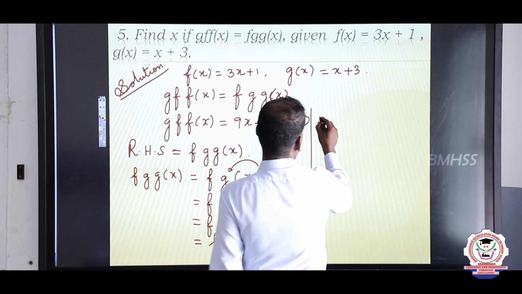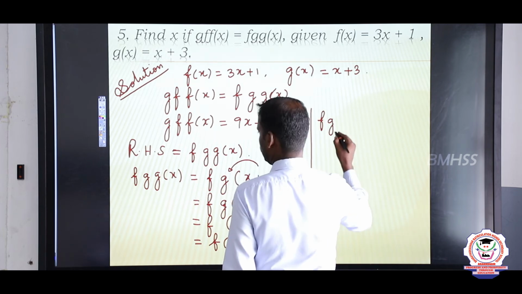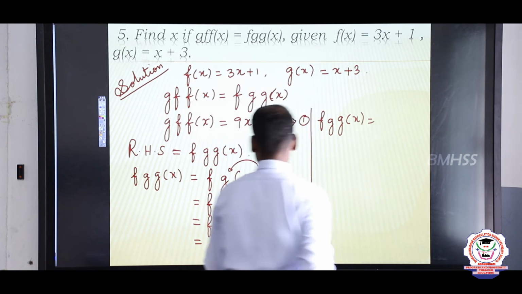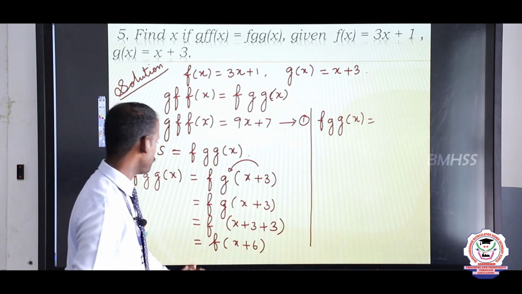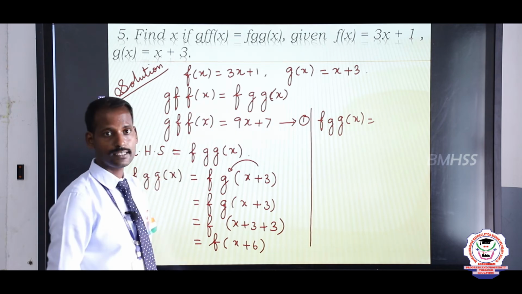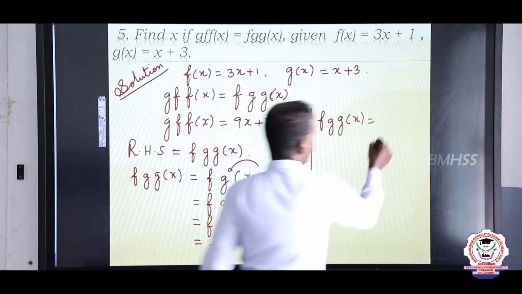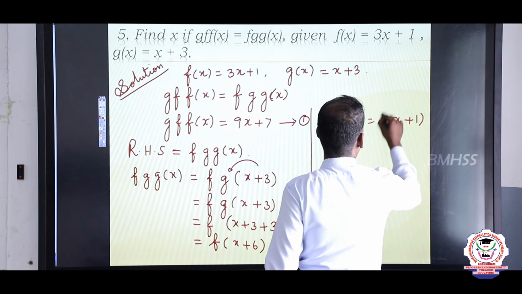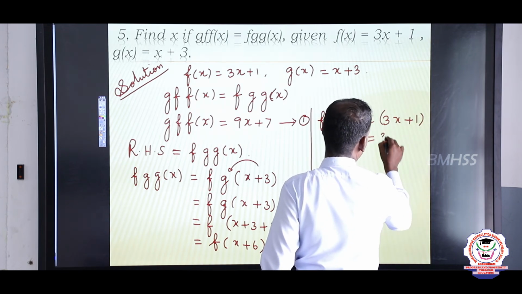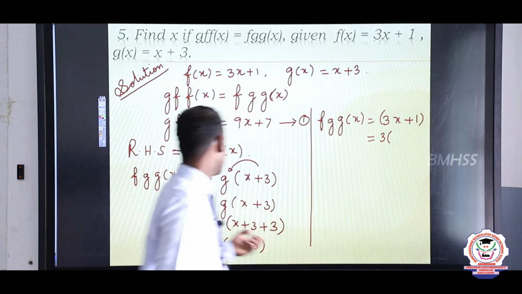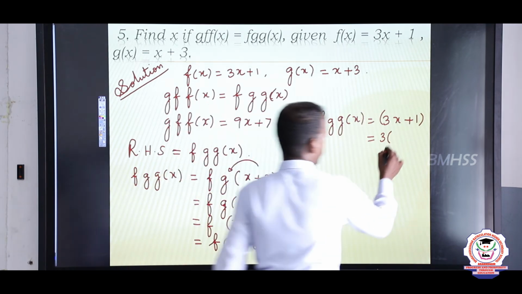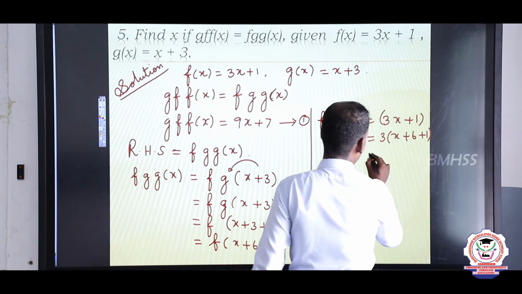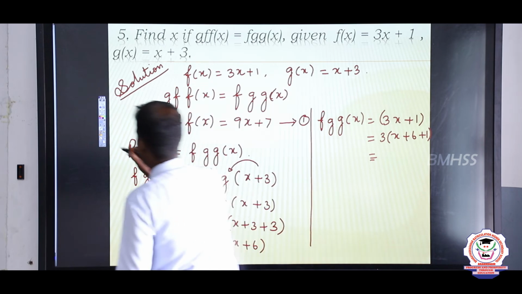Here f of g of x is equal to x plus 6 substituted in the f of x. What is f of x? 3x plus 1. So you have to substitute 3 into what is the x value? x plus 6. So x plus 6 plus 1.